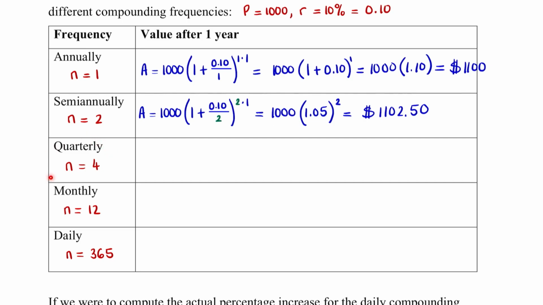Next, with exactly the same information, but now we are compounding quarterly instead. So everything stays the same. I'll just replace my n with 4. So I get 1,000 times (1 plus 0.10 divided by 4). 0.10 divided by 4 is 0.025, and 0.025 plus 1 is 1.025, raised to 4 times 1, which is 4.